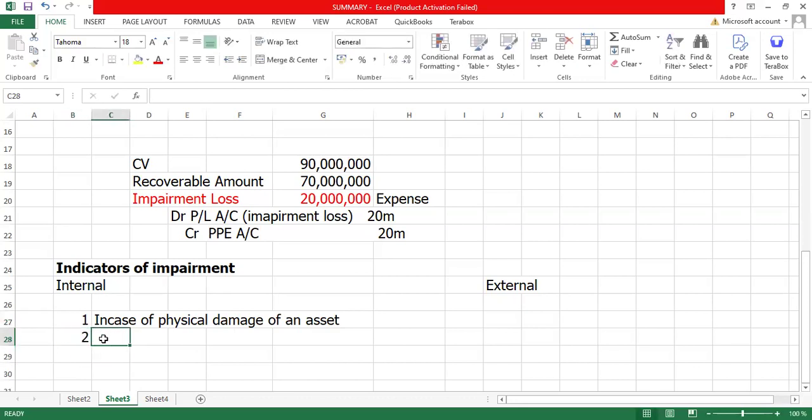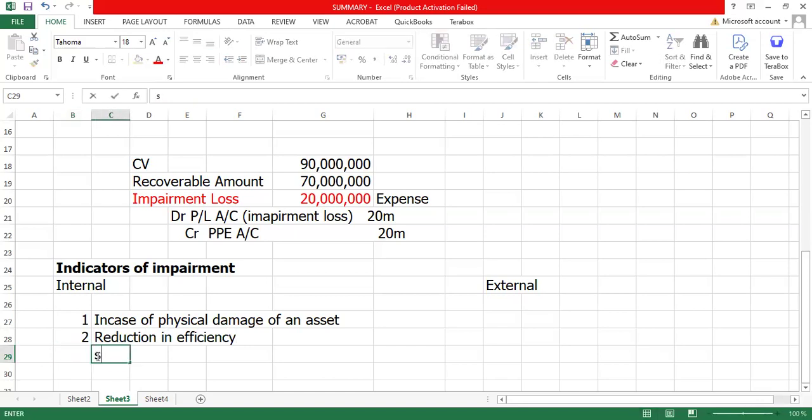Then number 2, reduction in efficiencies.